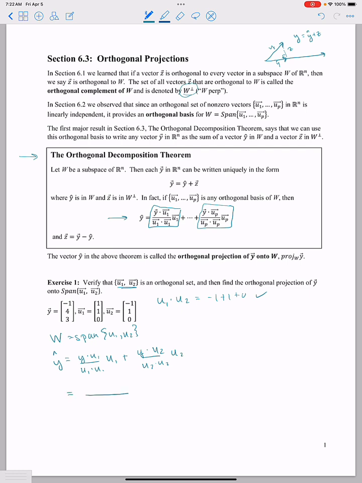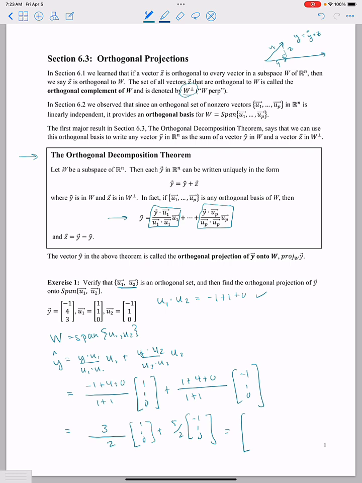Y dotted with U1 is -1 plus 4 plus 0. U1 dotted with itself is 1 plus 1. Y dot U2 is 1 plus 4 plus 0. And U2 dotted with itself is 1 plus 1. Simplifying, we get 3 halves times 1, 1, 0 plus 5 halves times -1, 1, 0.